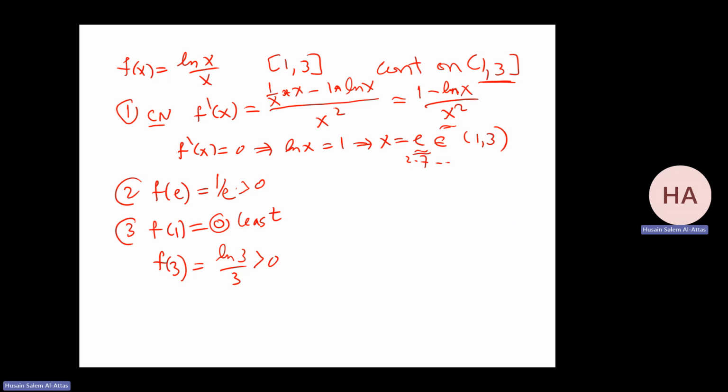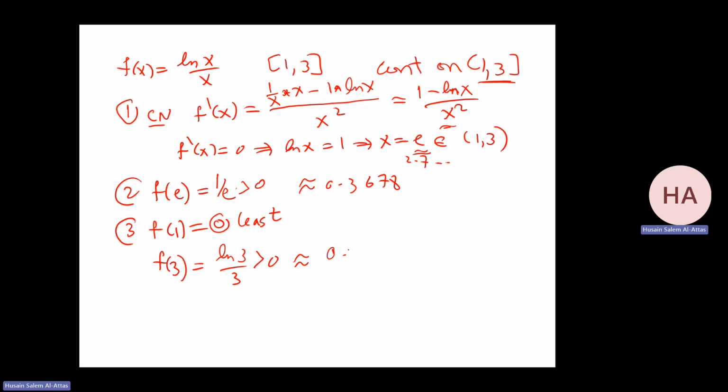Now, I want to check. Sometimes you cannot do it right away. You need the calculator to do that. So if we do 1 over e, I'm getting something like 0.3678. If I do ln 3 over 3, I'm doing it using the calculator: ln 3, close the bracket, divide by 3.